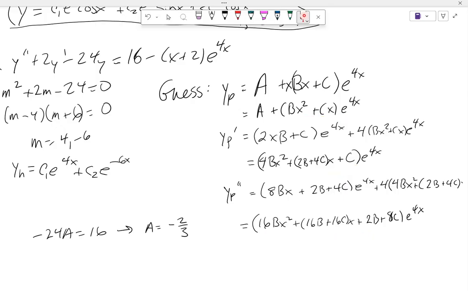But let's look at the x squareds. There's just a b there, right? There is no c on that x squared.